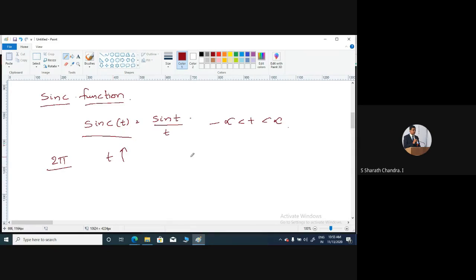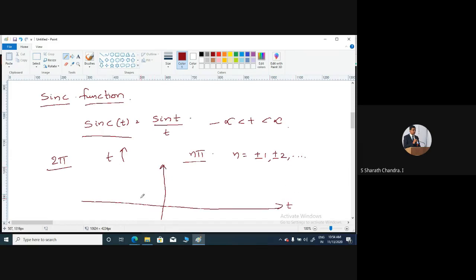Its value is 0 at n pi. Sinc of t will be equal to 0 at values of n pi, for n equal to plus or minus 1, plus or minus 2, and so on. It is also an even function of t, and we could see this in the graphical representation of the sinc function.